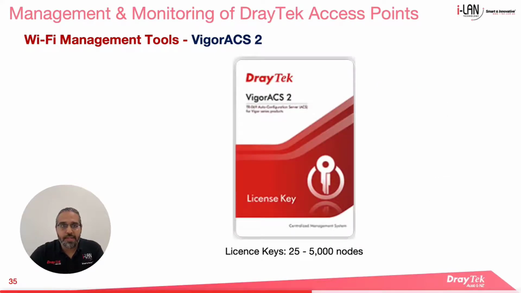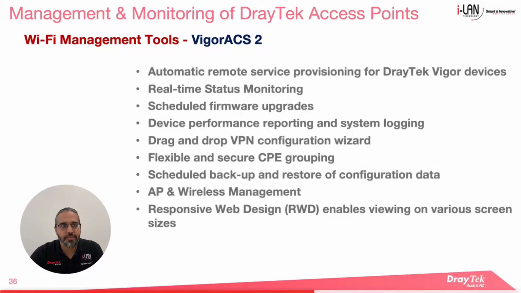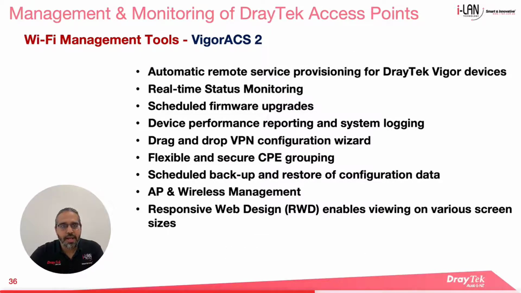Vigor Acs-2 is a software package from DrayTek, and license keys are available from 25 to 5,000 nodes. Listed here are some of its key features.